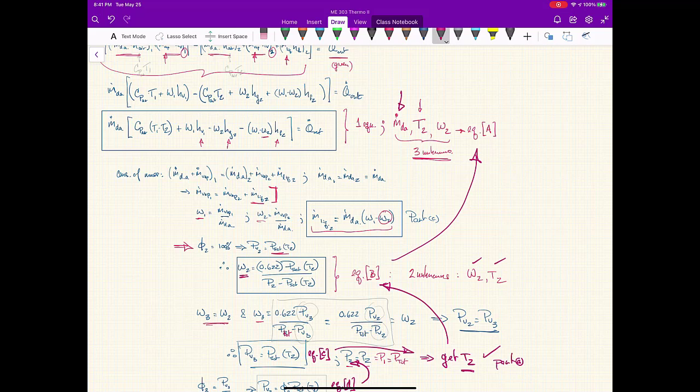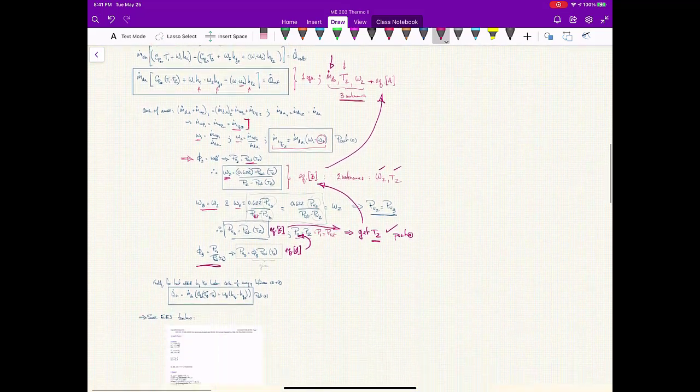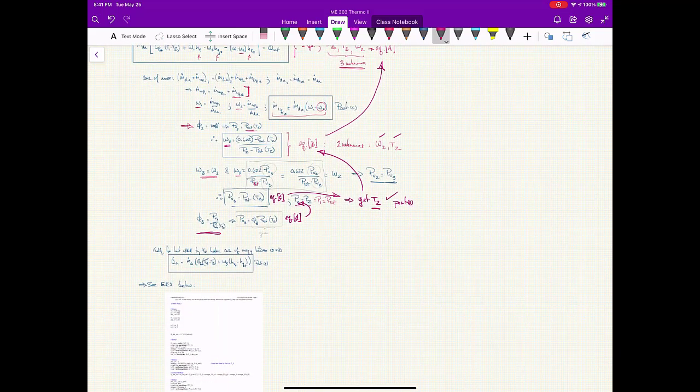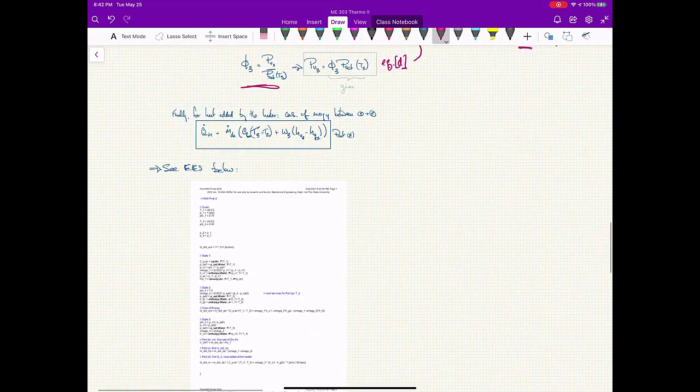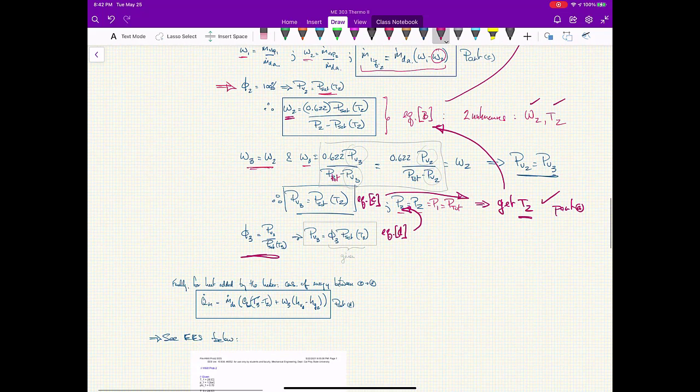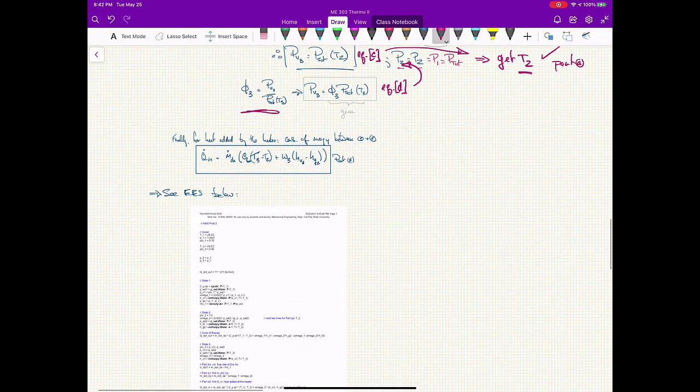So this is how you would do this longhand. And as you saw, I didn't bother to do this. I simply wrote an EES program that does this back substitution for me automatically and makes the process slightly more rapid. And so voila, that's it.